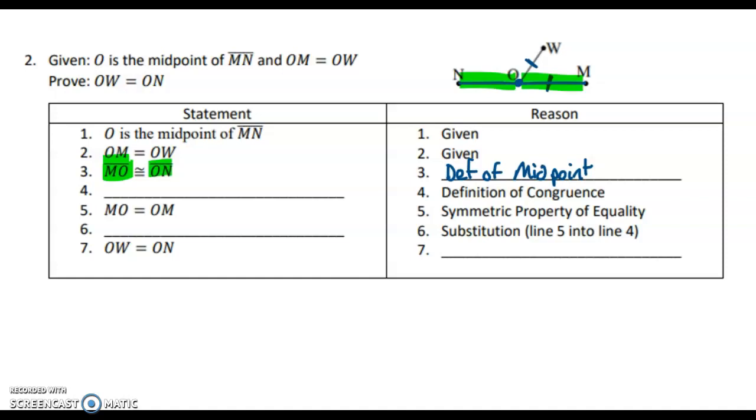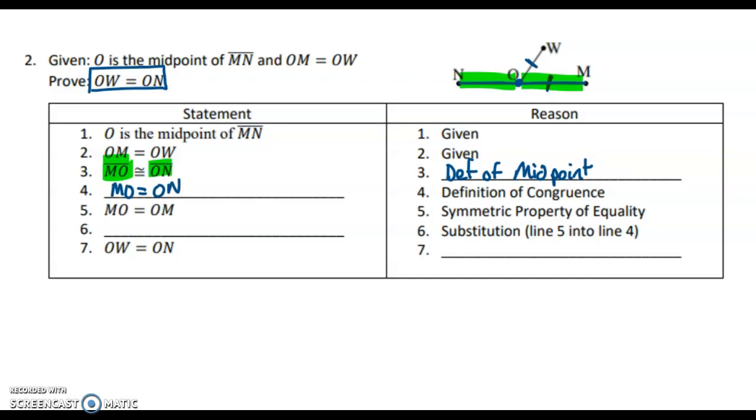Now, the definition of congruence can let us move something from congruent to equals or equals to congruent. So now we have to decide which way we want to go. When I'm stuck, I look at the proof and ask, where am I headed? If you look at the proof, I'm headed to OW equals ON. So that tells me I probably want everything in equals, not in congruent. So let's take line 3 and rewrite it as MO equals ON.